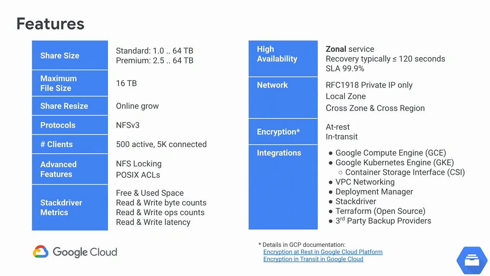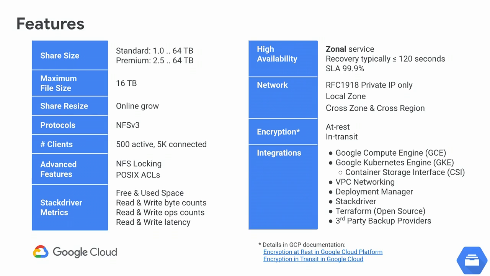Let's talk quickly about features. This is kind of an eye chart, so I'm not going to spend a lot of time here. But at a high level, you can configure shares up to about 64 terabytes. Premium and standard have different minimum sizes, so that we can guarantee the performance. One of the really exciting things is that because you pre-provision your size, not only do you know how much you're going to pay at the end of the month, but you can actually grow it online.